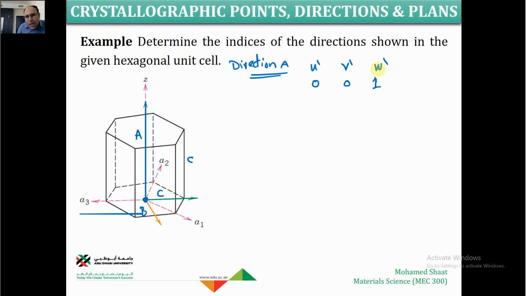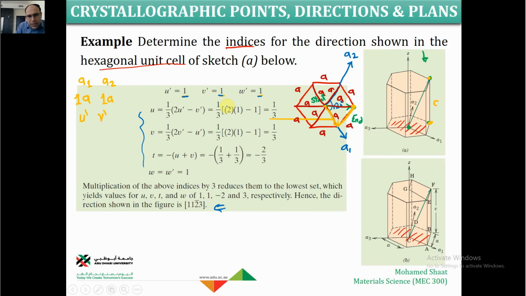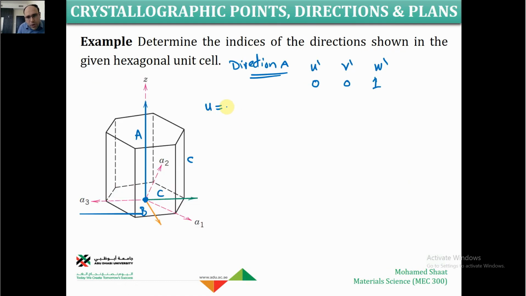So then you're gonna plug these 3 values into the relations. U, according to this relation, is 1/3 times 2U prime negative V prime. Then U prime, V prime are 0. This is gonna give us 0. Then V equals 1/3 times 2V prime negative U prime. Both are 0.